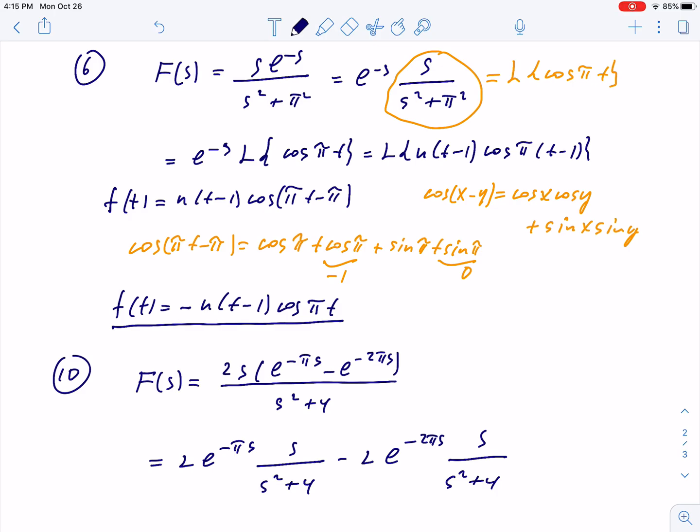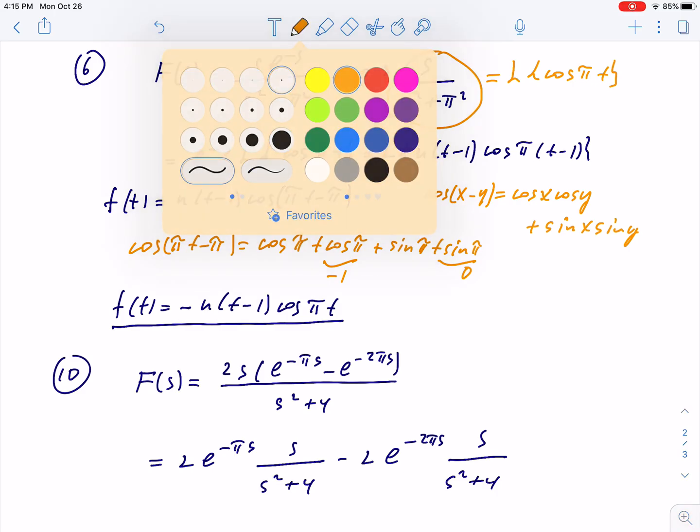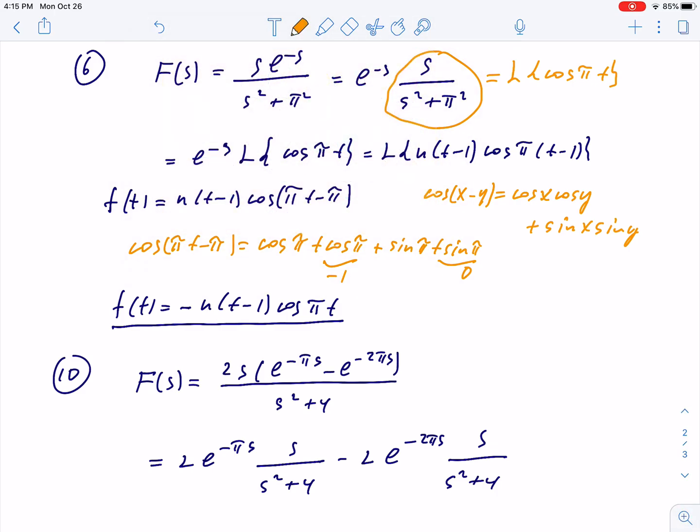S squared plus 4 is also very familiar, easily recognizable. This will equal Laplace of cosine 2t. One of the basic formulas, where k is now 2.